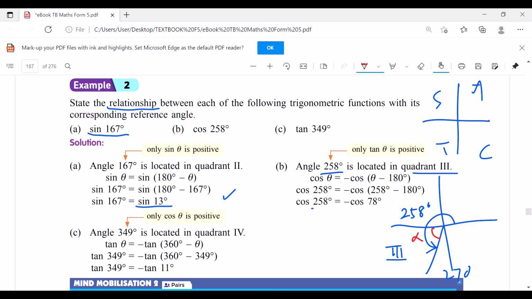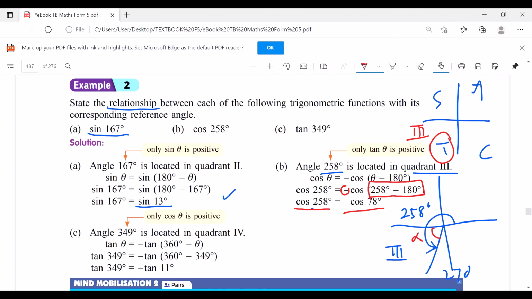So how to find alpha? It is 258 you minus with 180. And here in the third quadrant, only your tangent is positive. Your sin and cos will be negative. So you write this negative sign. So cos 258 actually equals negative cos 78.